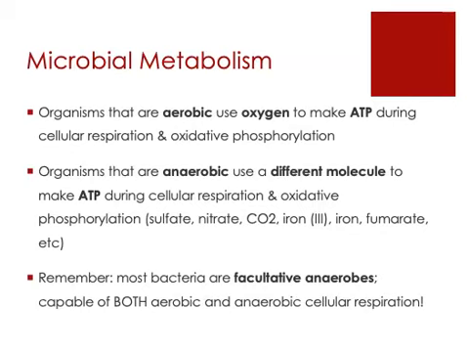Anaerobic organisms are going to use a different molecule while they're making ATP during cellular respiration and oxidative phosphorylation. They're going to substitute in a molecule such as nitrate, or maybe sulfate, or fumarate, or carbonate, some other molecule other than oxygen that can serve as a final electron acceptor.